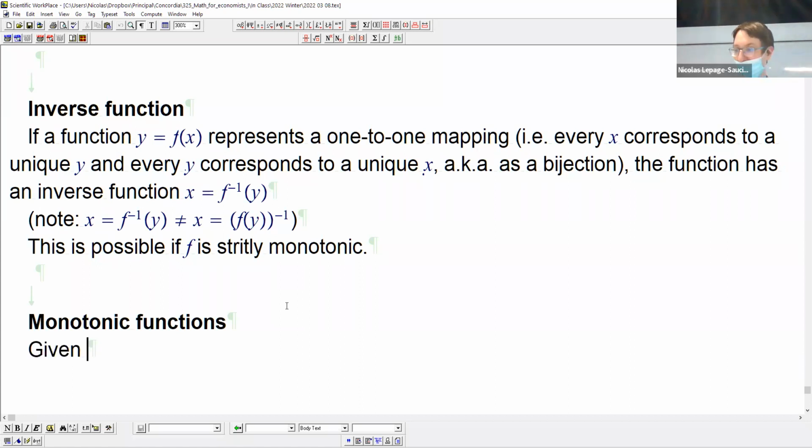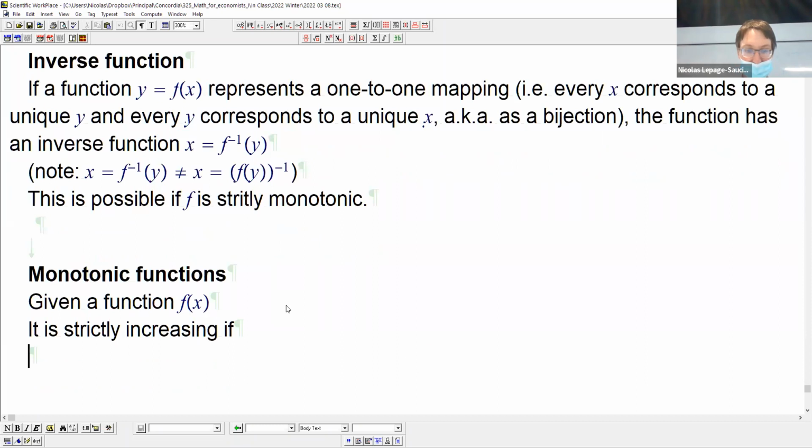Given a function f of x, it is strictly increasing if x2 greater than x1. Let's use x2 greater than x1; 2 is greater than 1, so let's use this.